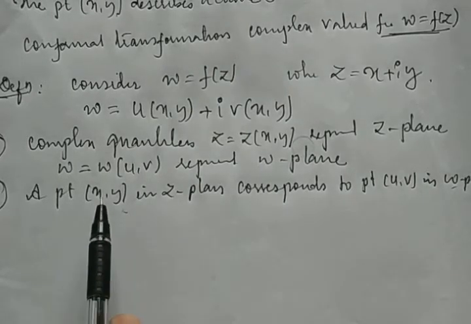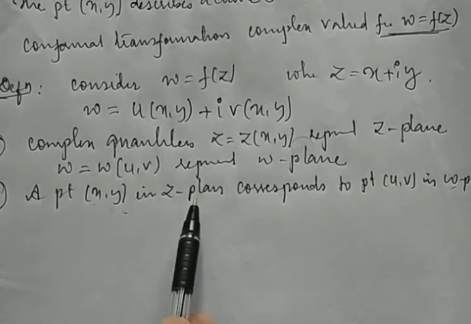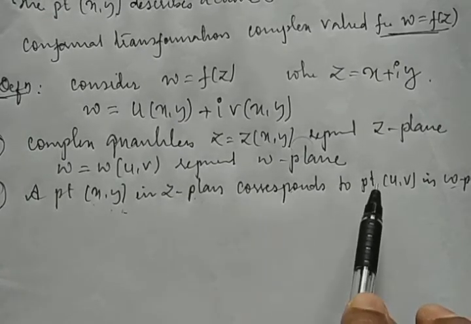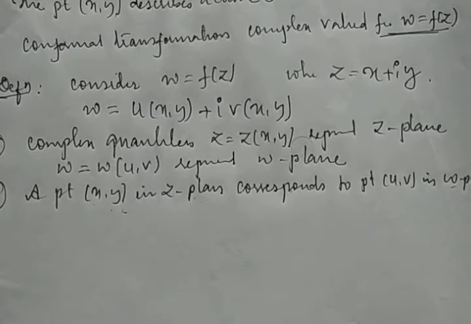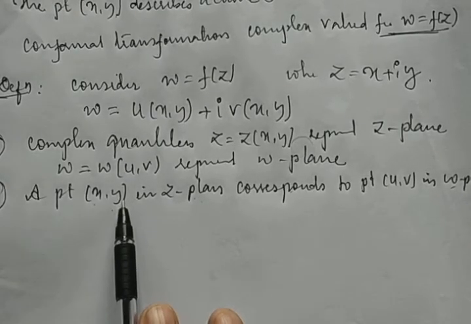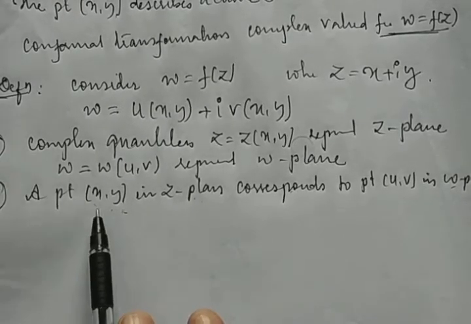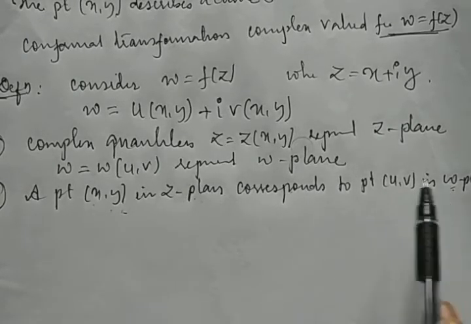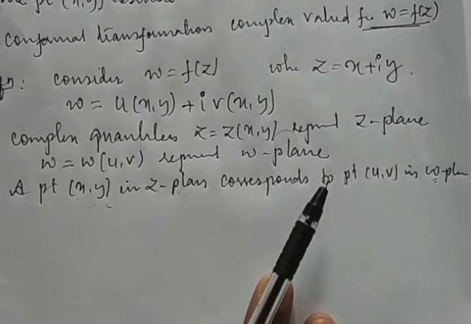Means the point x, y in z plane is having an impact, or else it is having a relation with uv in omega plane. Means if we make some changes in z plane with the help of x and y, automatically those changes will occur in omega plane with respect to u and v.